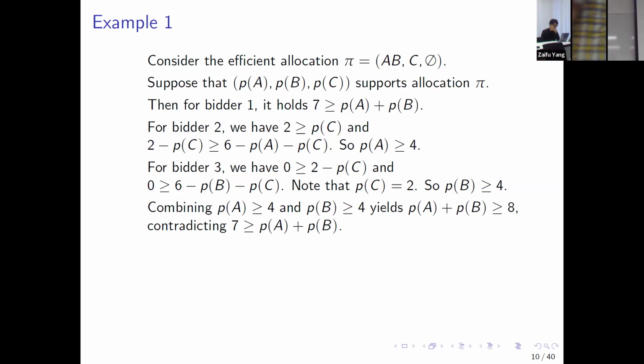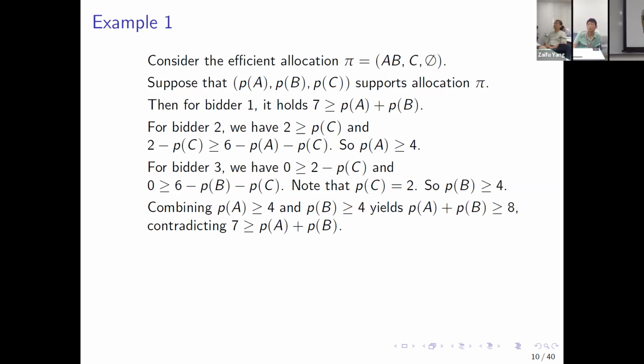And then, of course, taking nothing is optimal, so it should be no less than or equal to the value when you take BC together. Now notice that this one is less than or equal to 2, and here it is greater than or equal to. So therefore, the price of C should be equal to 2.